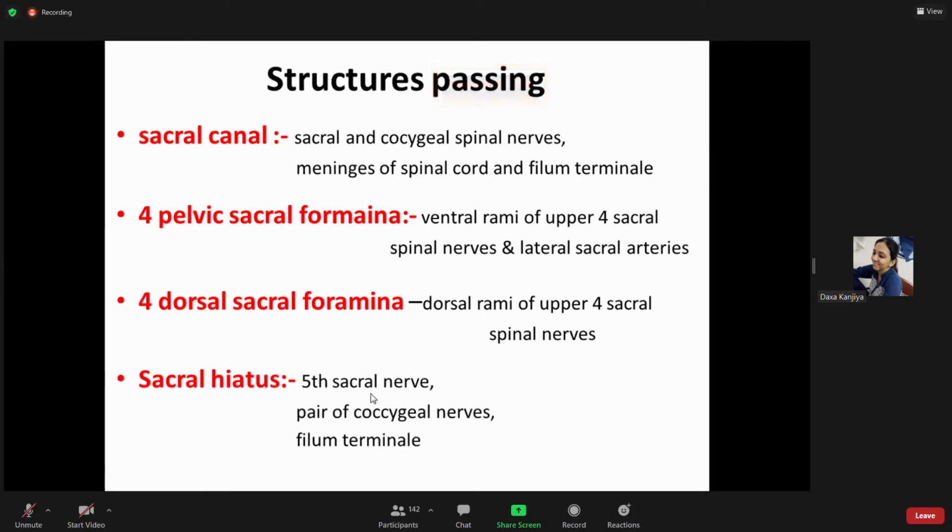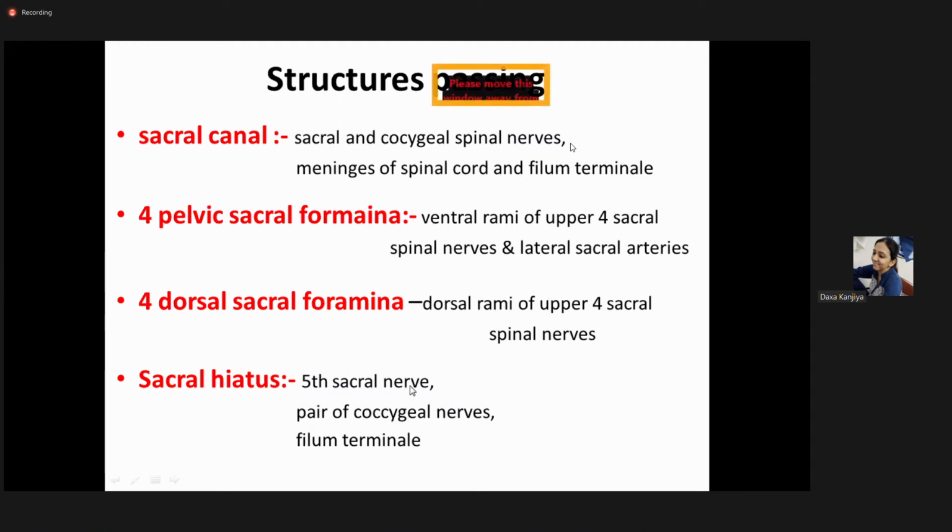This is important. The sacral hiatus transmits, and this you have to remember, particularly the structures passing through the sacral hiatus: the fifth sacral nerve, the pair of coccygeal nerves, and the filum terminale.